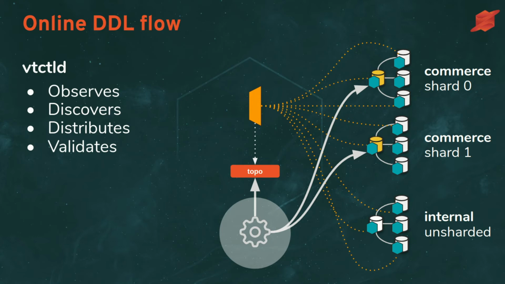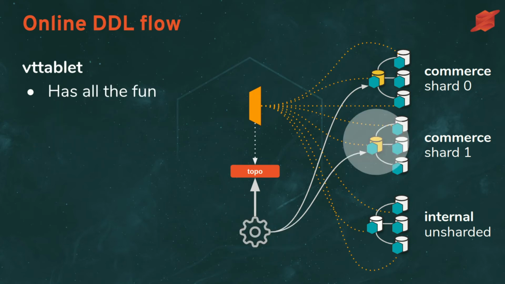And it pushes the request, not the query, but the request for the migration. It asks the primary tablets to persist those requests, and it validates that all of them have acknowledged receipt of that request. And now that's where all the fun takes place.